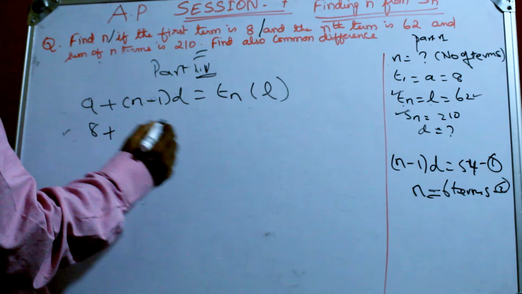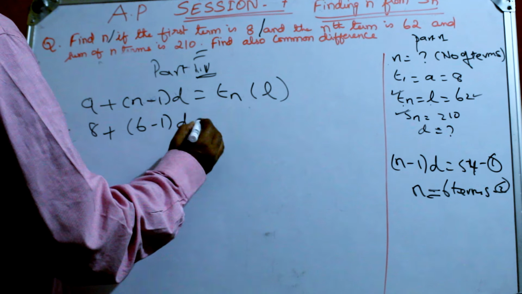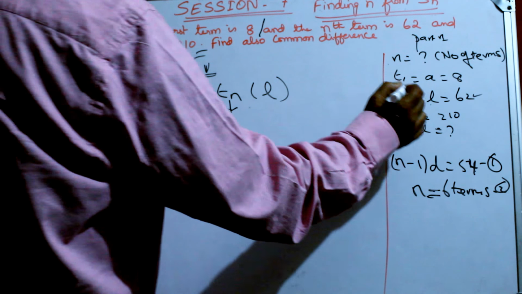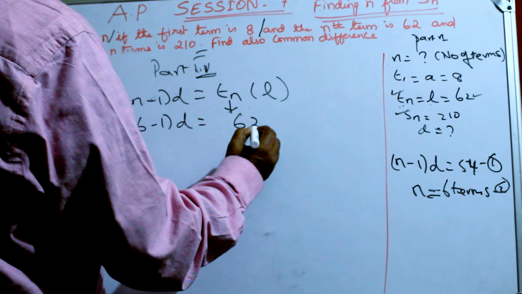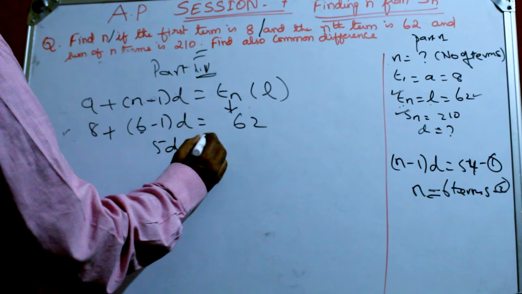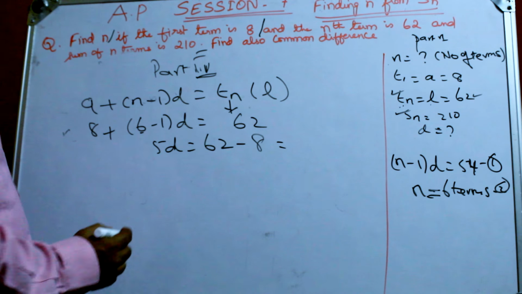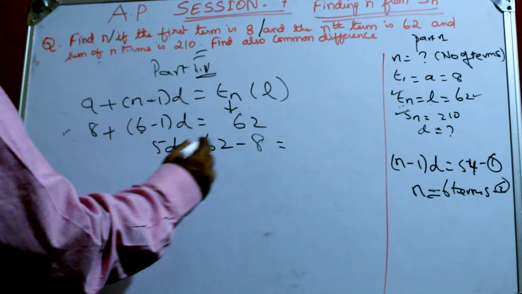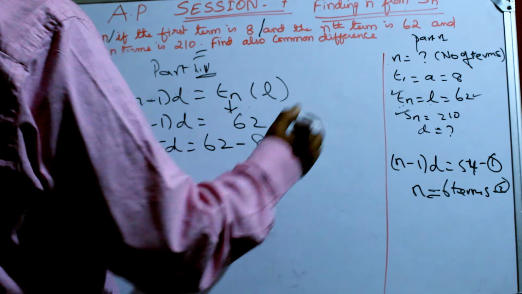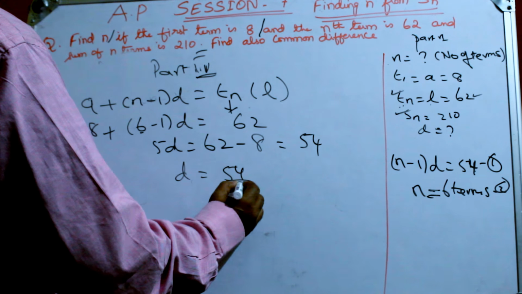8 plus n, just now we got 6, 6 minus 1 into D is equal to Tn. The last term is nothing but 62. Take the 8 to that side. 6 minus 1 is 5D equal to 62 minus 8. 62 minus 8 is nothing but 54. So D is nothing but 54 by 5.